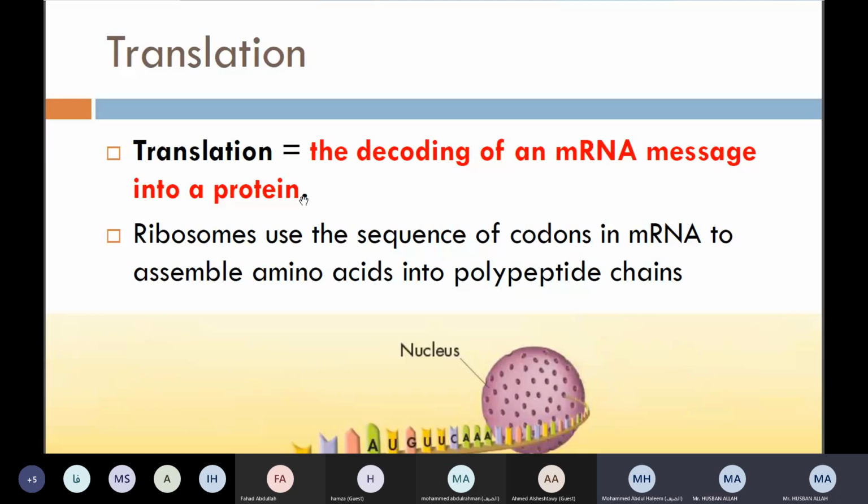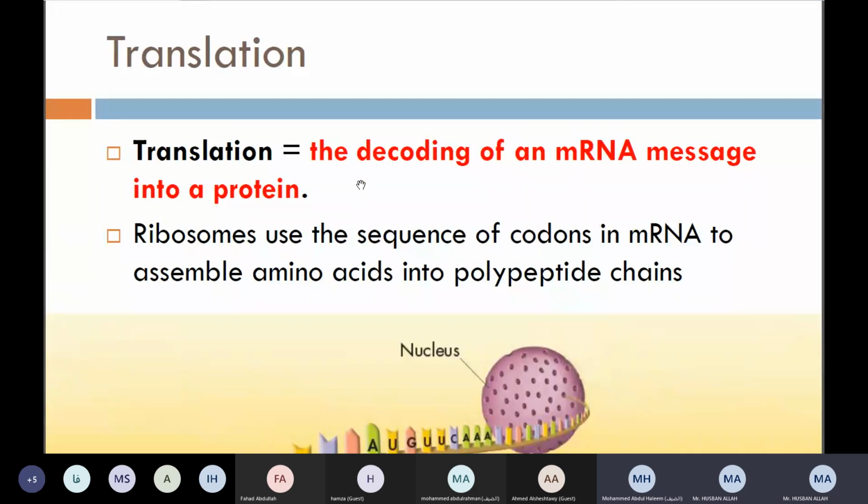Now this messenger RNA has the information which it takes from the DNA. This information needs to be copied and needs to form protein, right? So, the decoding of an mRNA message into protein.